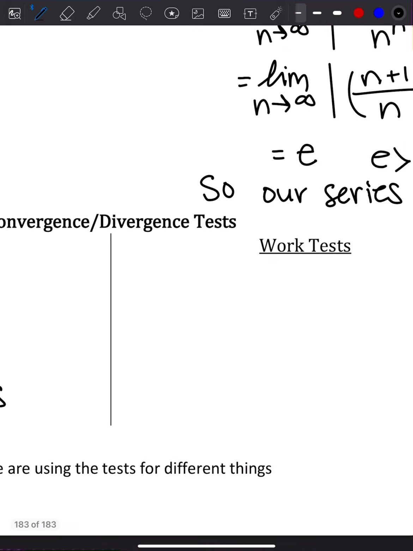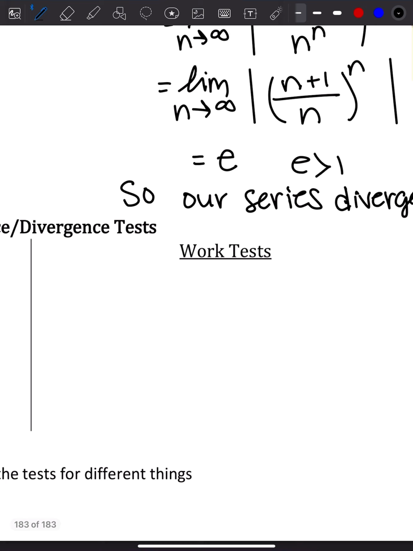On the other hand, work tests include the integral test. You have to have a bunch of prerequisites for the integral test, and then you also have to do an improper integral.